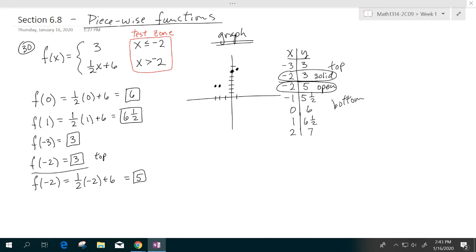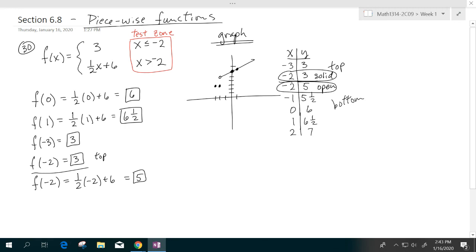Any other questions before I plot my points? Okay, here we go. We've got -3, -2 is at 3, but -2 is also at 5, and that's an open circle.